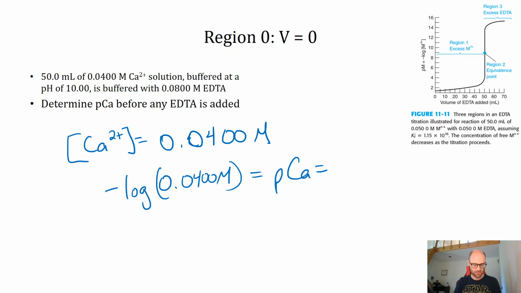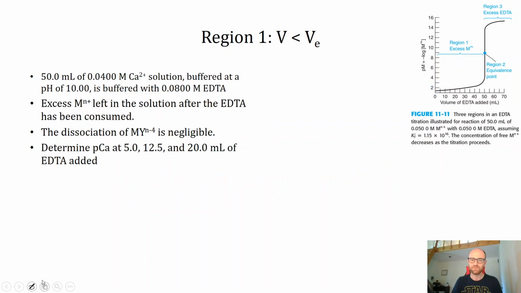I get 1.398, we're going to round that. Like I said, this whole first region looks a little low in the pM category, and that's fine. Obviously it's not the same graph since we're starting with 0.05 molar, but it's going to be pretty close. It's going to be between 1 and 2. But yeah, that's our starting value.